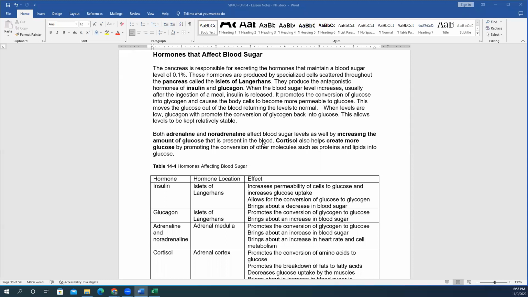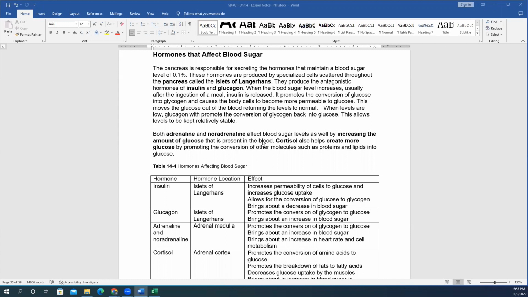The effect of this is that it moves glucose out of circulation, out of the blood, returning blood glucose levels back to normal.